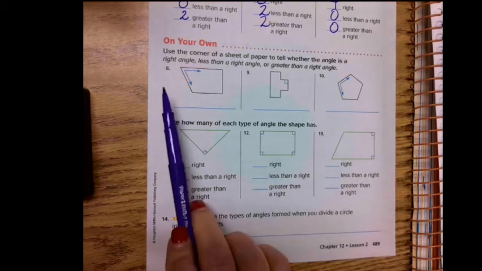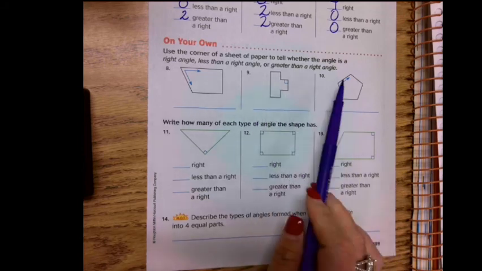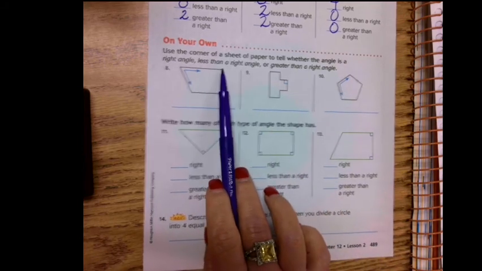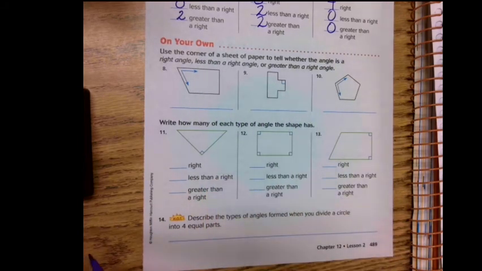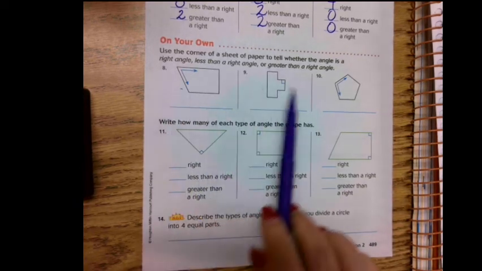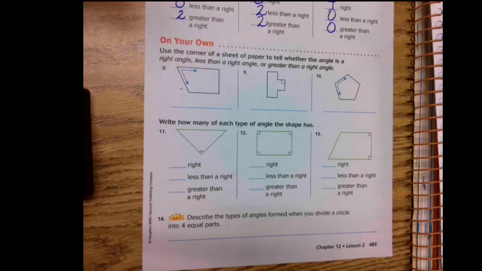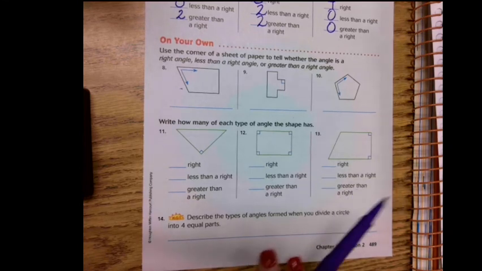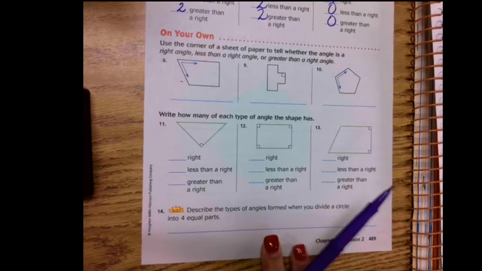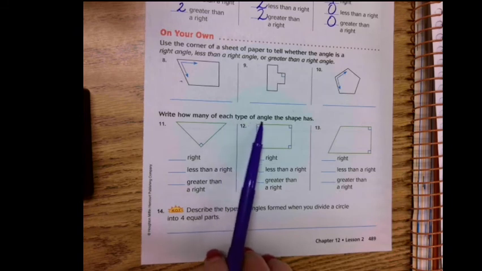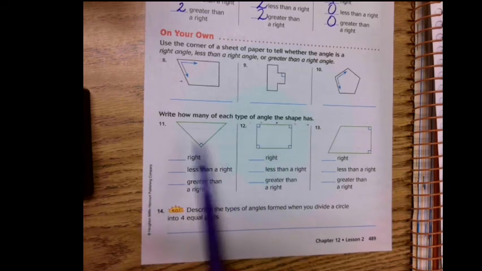On number 8, 9, and 10, you're going to tell me whether the angle is a right angle, less than a right, or greater than a right, okay? Now, you only have to tell me about the corner that they have the blue lines in, okay? So only tell me about that corner, okay? Now, down at the bottom, you're going to write how many of each type of angle there is for each shape, okay?